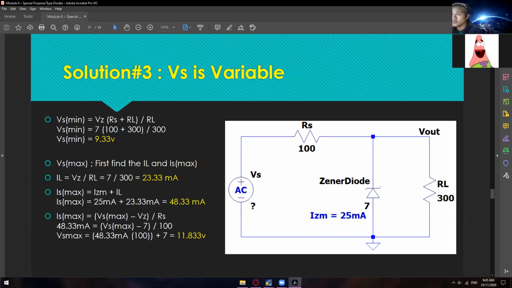The same with solution number 3. Also with this one, IL: before it was IL minus, and right now it is IL equals. Later on, I will upload the updated slideshow, so just download the updated one. Do not download the outdated one.